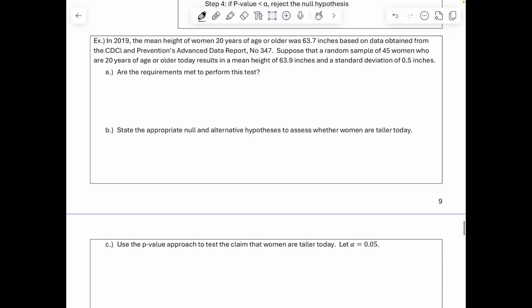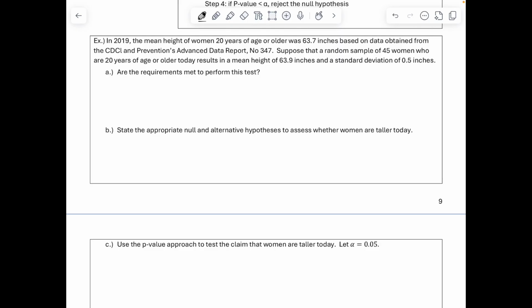The example right below says in 2019, the mean height of women 20 years of age or older was 63.7 inches, based on data obtained from a CDC report, Advance Data Report number 347. Suppose that a random sample of 45 women who are 20 years of age or older today results in a mean height of 63.9 inches and a standard deviation of 5.5 inches.